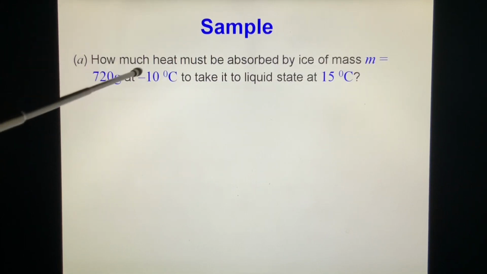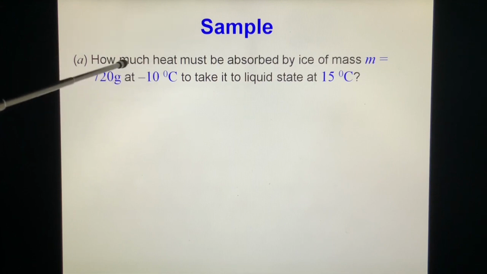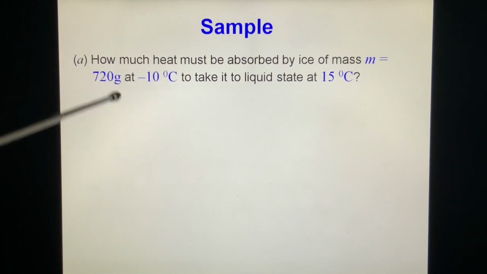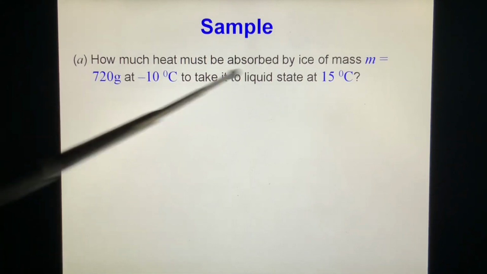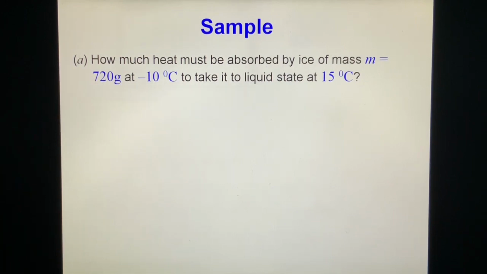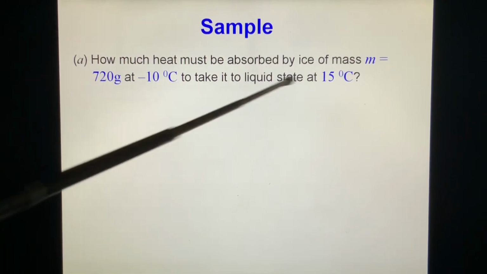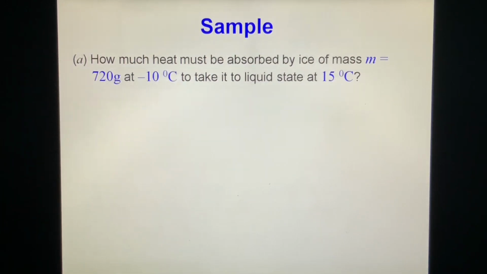First, from minus 10 to 0, that's the heating. And at 0 degrees Celsius, phase change from solid ice to a liquid state. And then from 0 to 15, the liquid increases in temperature.